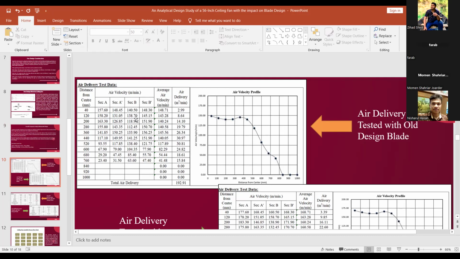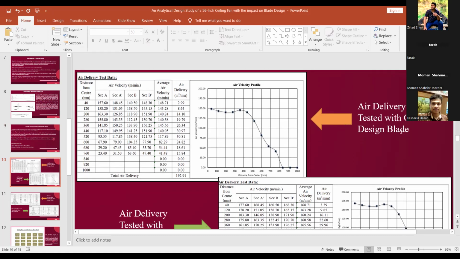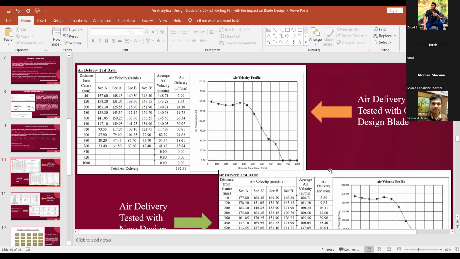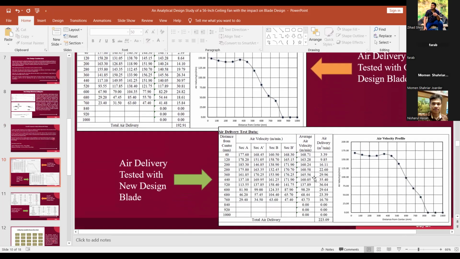So here the air delivery we get is 192.91 meter cube per minute with the old blade design, and with the new blade design we got 223.09. So you can see the significant difference just because of the twisting angle and the new design shapes.